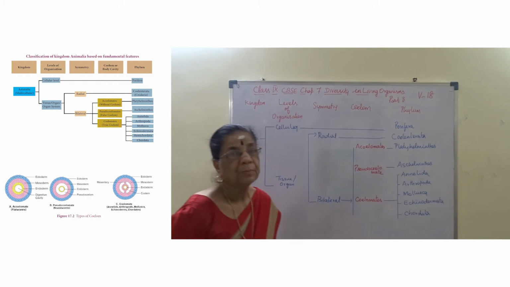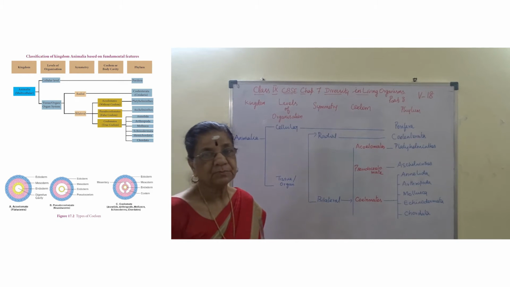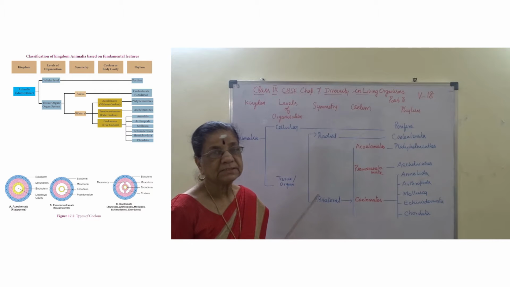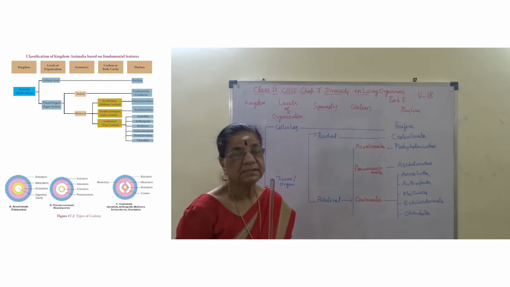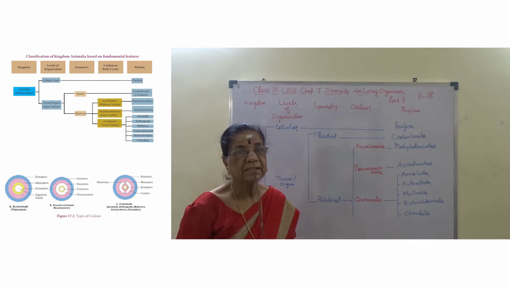It is classified based on the characteristic features. As I said at the beginning of the lesson, animals and plants are classified based on form and function, otherwise structure and behavior, which we have learned.